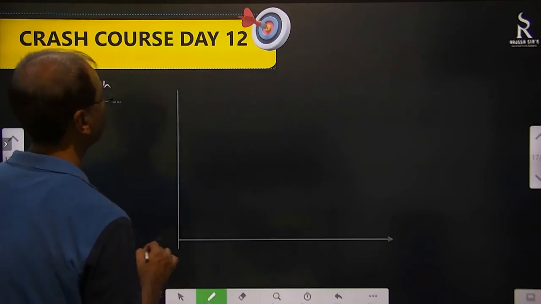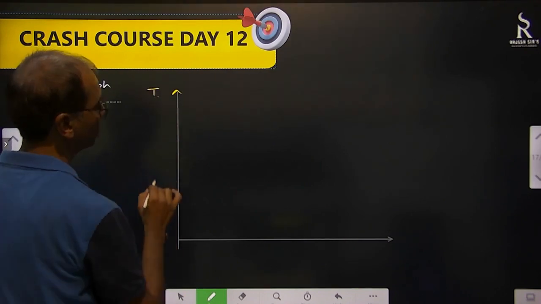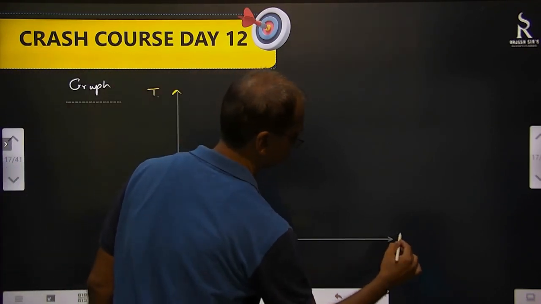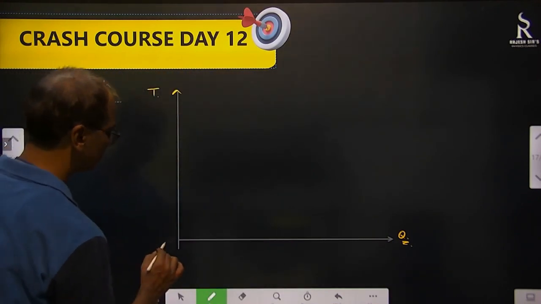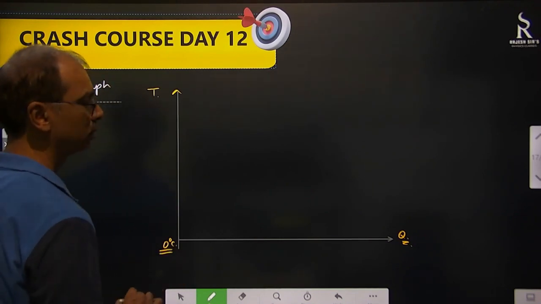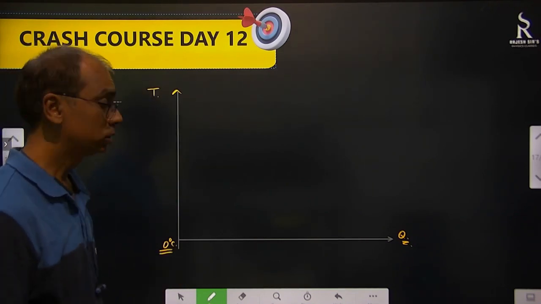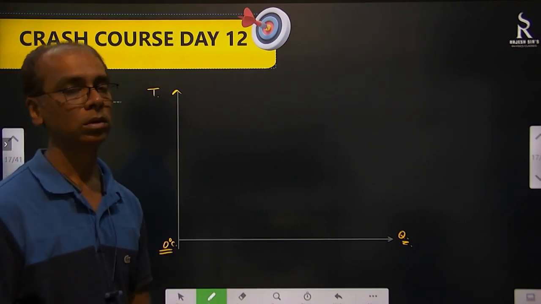So here we are going to put temperature, and here Q, the amount of heat that we are giving, and here let's say 0 degree centigrade. So ice is there.